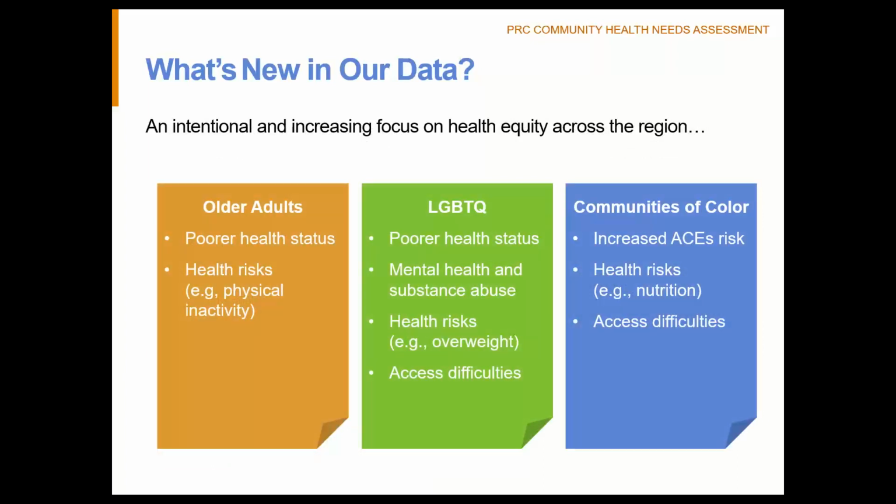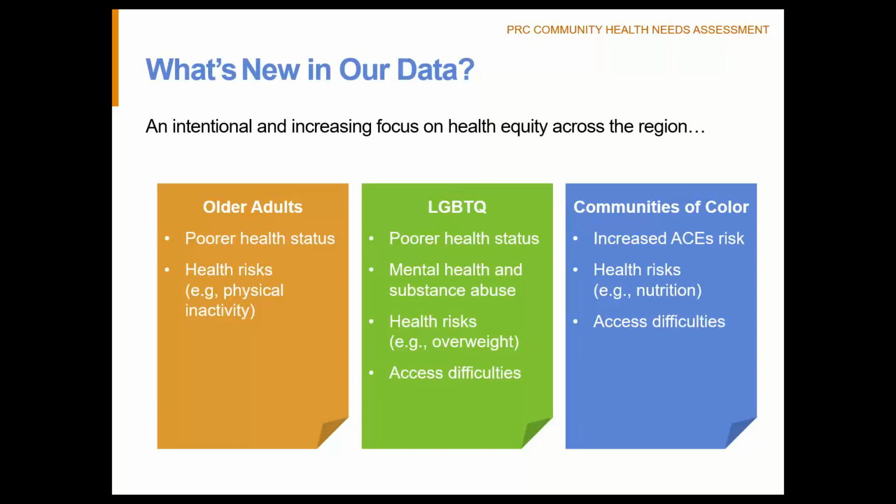So again, that intentional and focused approach on health equity led us to looking at all of our survey results by different populations. And on this screen here, I've highlighted some of those outcomes or disparities for older adults, the LGBTQ community, and communities of color.